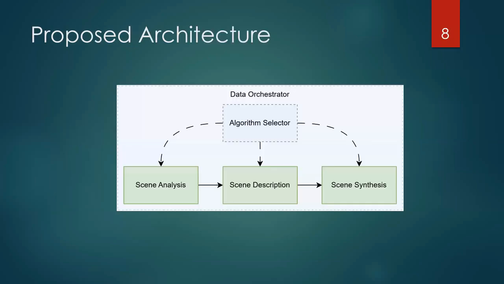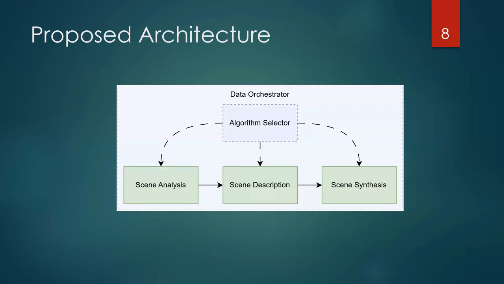So here we have a high-level overview of our proposed architecture. We have three main blocks, which are the scene analysis, scene description, and scene synthesis. These blocks are associated with an algorithm selector component that will help the user automatically define which are the best algorithms to use given the specific scenario.